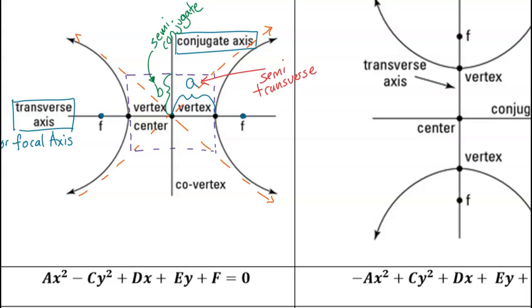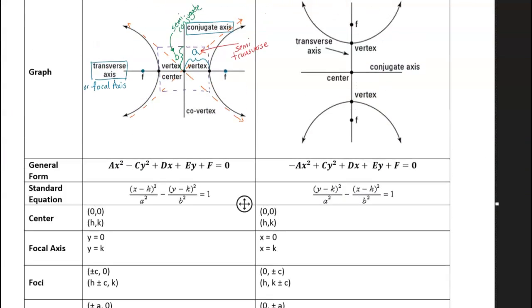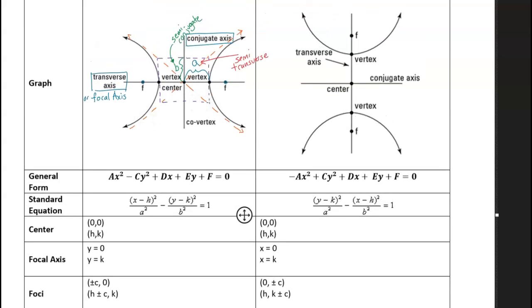Uh-oh. Just accidentally took out the tip of my pen. Okay. So I know this is a lot of information, and it'll make more sense, obviously, when we go to actually graph one of these hyperbolas.